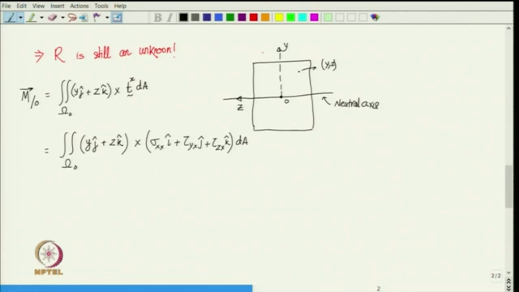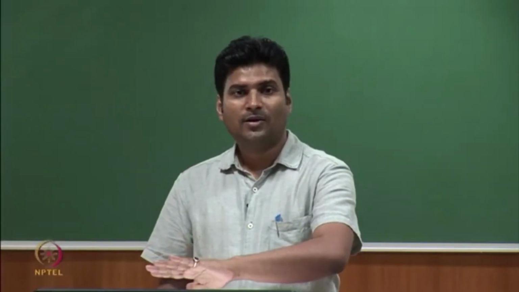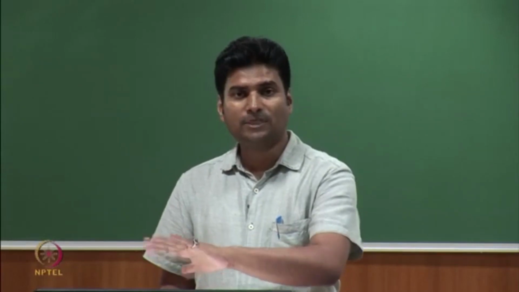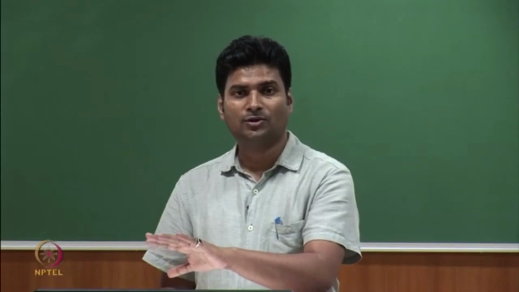Okay. And we have already found out what is sigma x x in this case, right. And you see we have 2 other things here, tau y x and tau z x. So, these are the shear component of traction that would be acting in the cross section. In general, we will have shear also in the cross section, but the resultant of shear traction, that has to be 0, right, because the total force is 0. Anyway, so this is the moment about the origin.